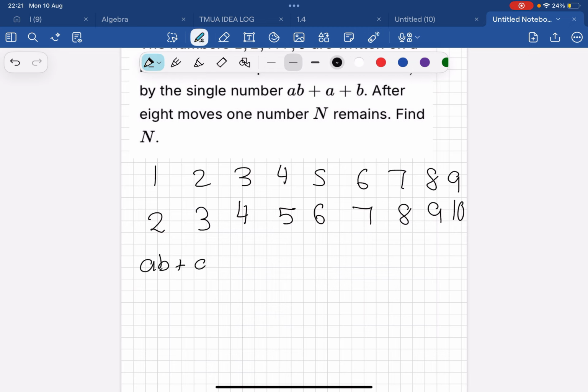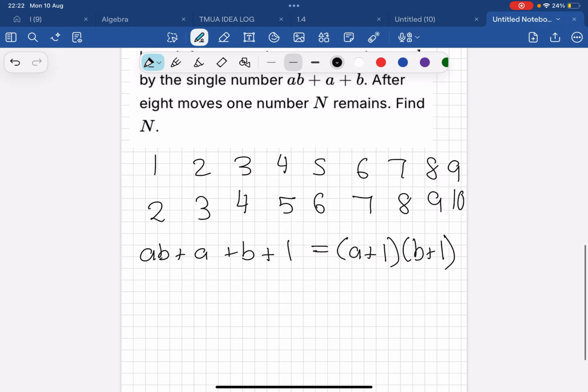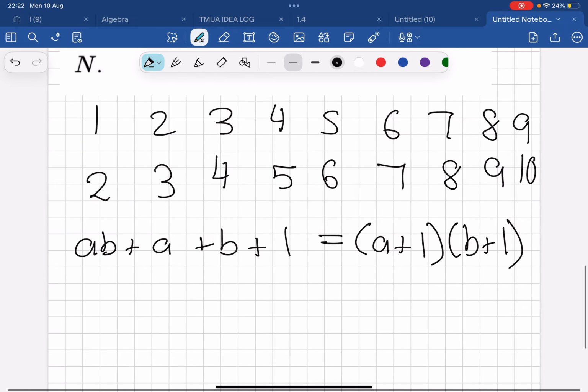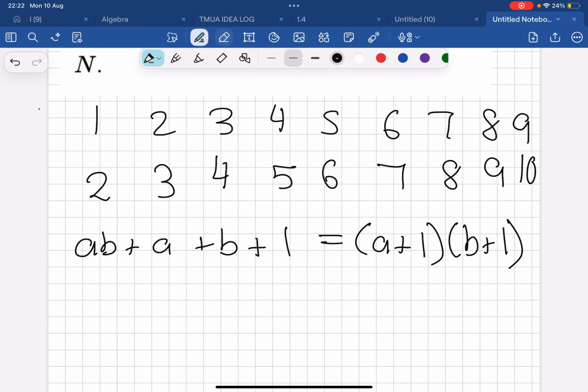AB plus A plus B plus 1, which factorizes to (A plus 1)(B plus 1). And essentially A and B are just numbers picked out from this list of numbers here. So (A plus 1)(B plus 1) are just the product of plus 1 on any of these numbers, so 2, 3, up until 10.